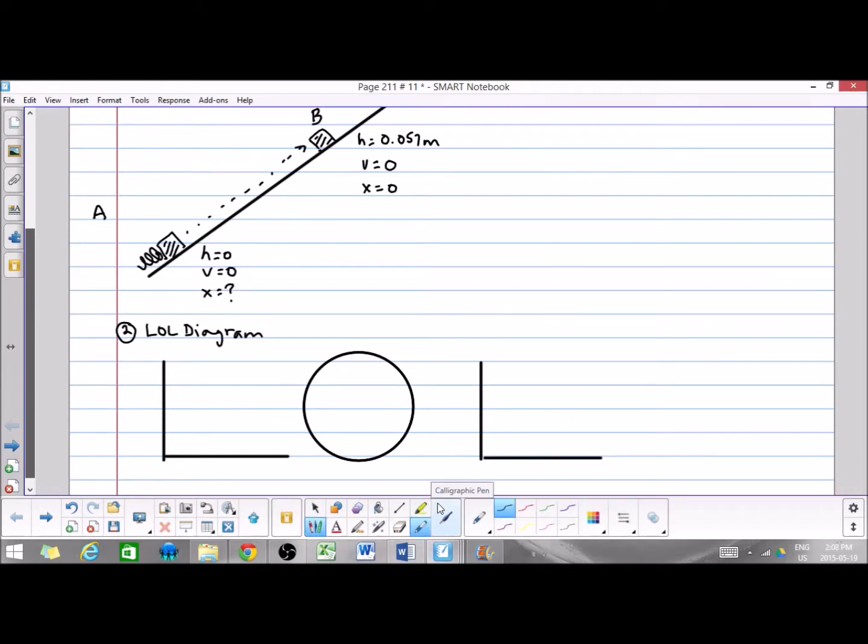We start by defining our system. We have this small block. There is a change in height, so it's interacting with the Earth via the Earth's gravity.